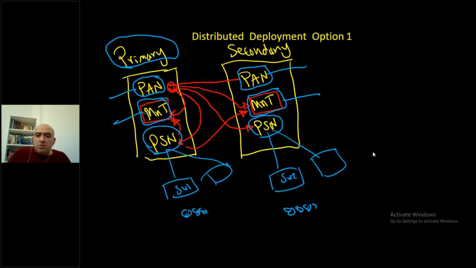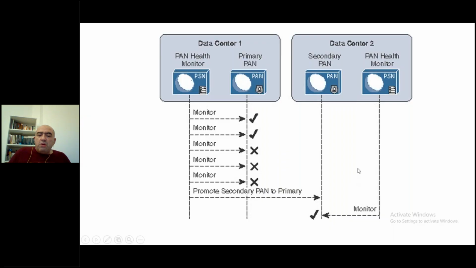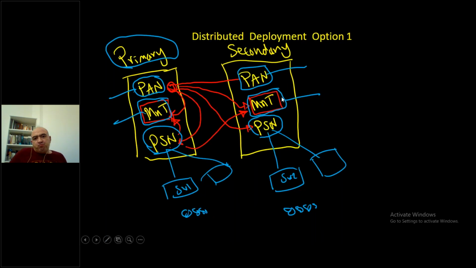Okay, now we need to talk about something very important: the failover that can happen between the primary and secondary.